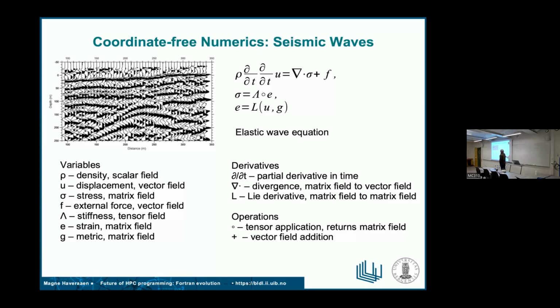This is the elastic wave equation. And you can see that we're just using a few symbols, having a few variables of various types. And this is a real simulation based on the software. This is the PDE that describes the elastic wave equation, given that your operators do what they're supposed to be doing.